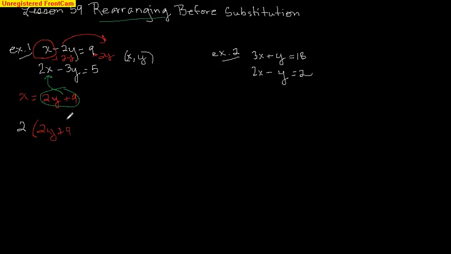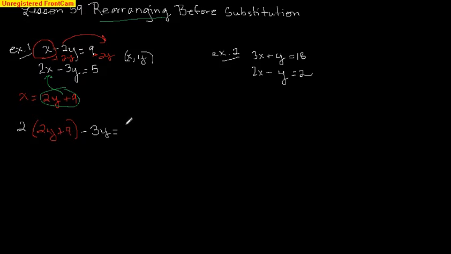Now we're going to just write the rest of the problem, minus 3y equals 5. So everything in the second equation stays the same, except for this x right here, we're putting what x is equal to. The x is equal to this, so we substitute.